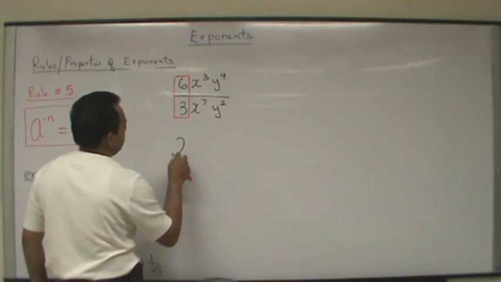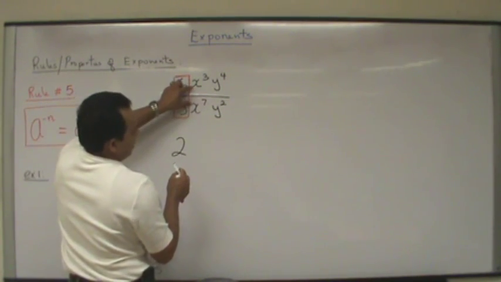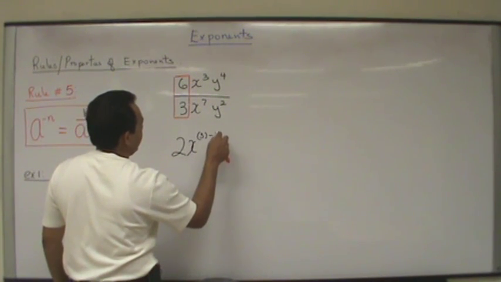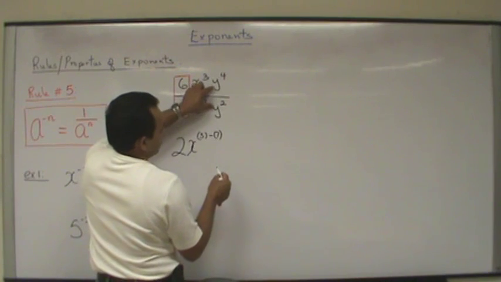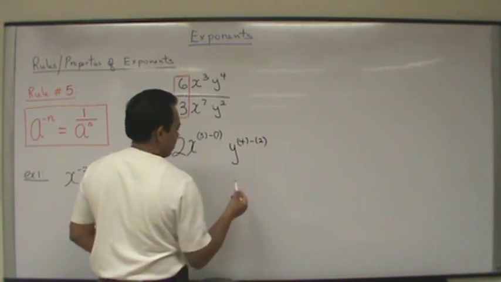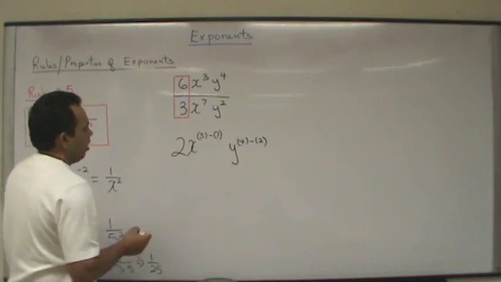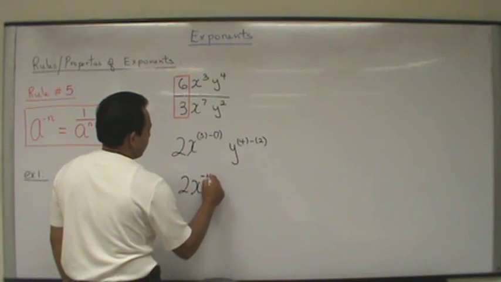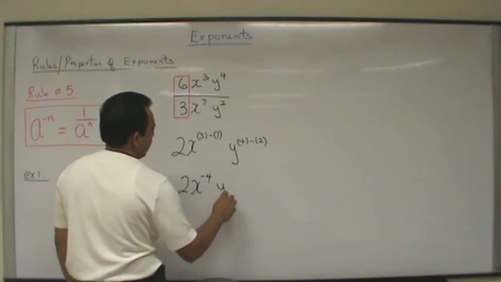The bases are the same, so we keep the base, and it's the numerator minus the denominator. Well, 3 minus 7 becomes negative 4. 4 minus 2, well, that's positive.